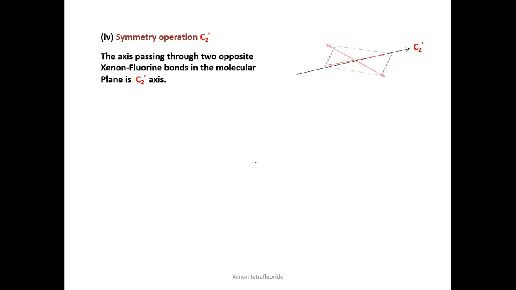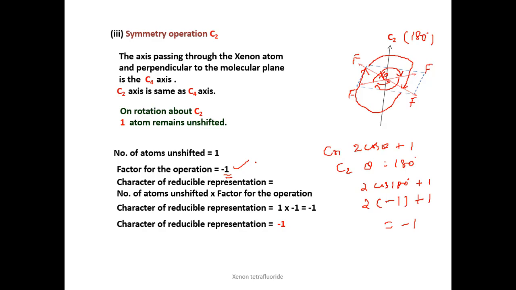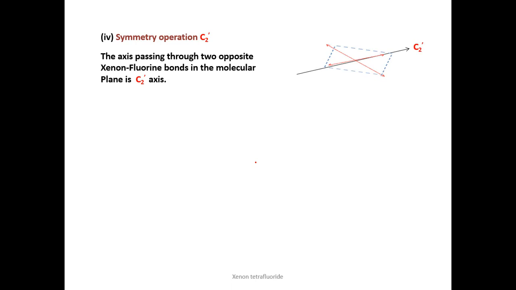Next symmetry operation is C2 dash. Earlier C2 and C4 were perpendicular to the molecular plane, whereas this C2 is present in the molecular plane, and the center of the square is xenon, and at the four corners you have four fluorine atoms. And what we find is that in this C2 dash axis itself there are three atoms that are present, that is one xenon and two fluorine atoms are present in the axis itself.